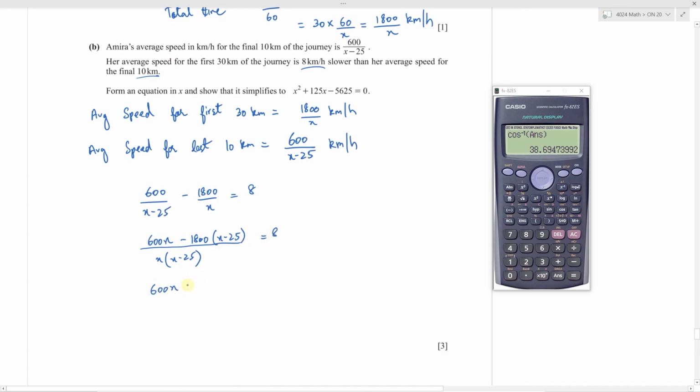So simplifying this, if I open the bracket, minus 1800X, and minus and minus becomes positive, and 1800 into 25 is 45,000. And if I open the brackets in the denominator, I get X squared minus 25X equals 8.